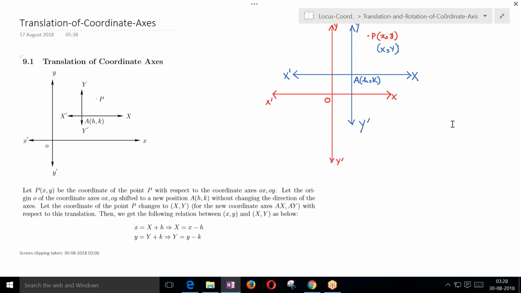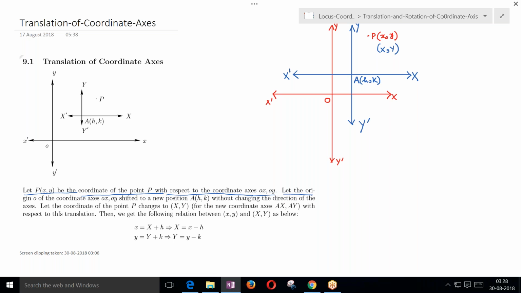If you look into the statement here: let P x, y be the coordinates of the point P with respect to the coordinate axes OX, OY, which is in red.